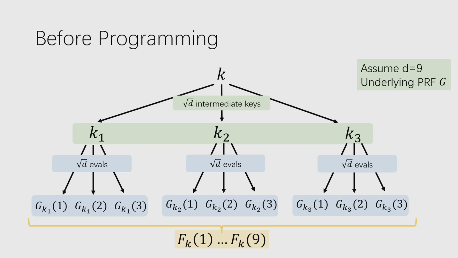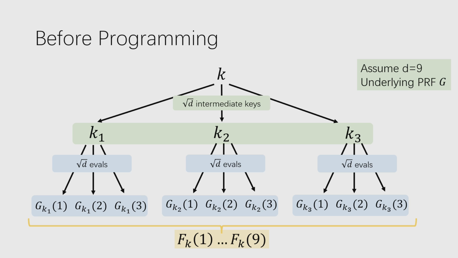So before the programming, what does the key look like? We have a key K, and now we want to evaluate this original key. It's before the programming. So we assume an underlying PRF G, such that in the first step, we are going to use this G to stretch this key K to square root D intermediate keys.